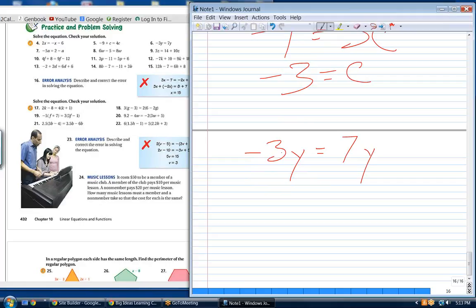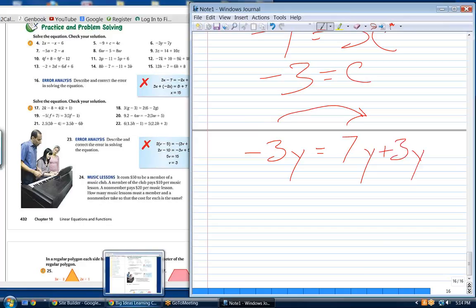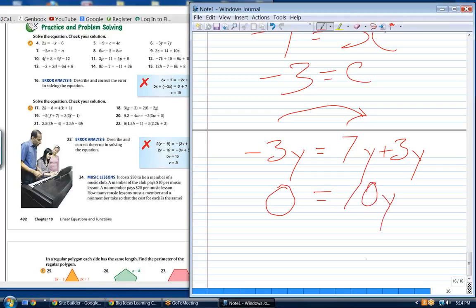If I want to move this 3y over there, all I have to do is move it and change the sign. What that leaves over here is 0. Right? Now what's the answer? 0 equals y. Exactly. It's the only answer that works.